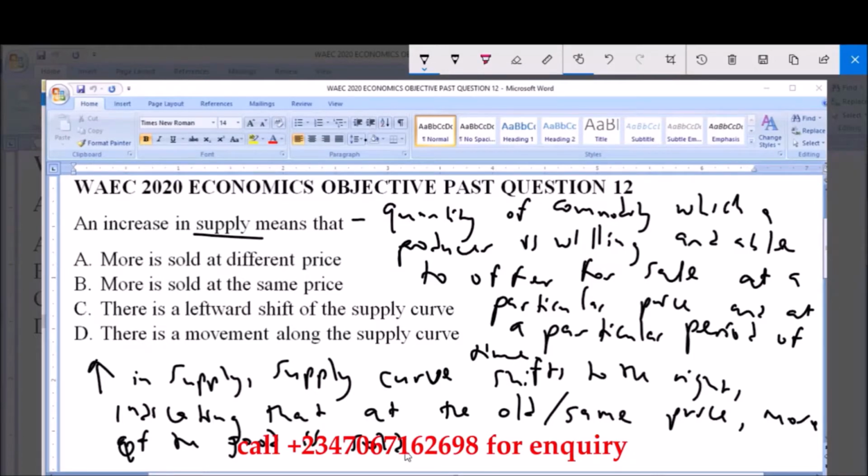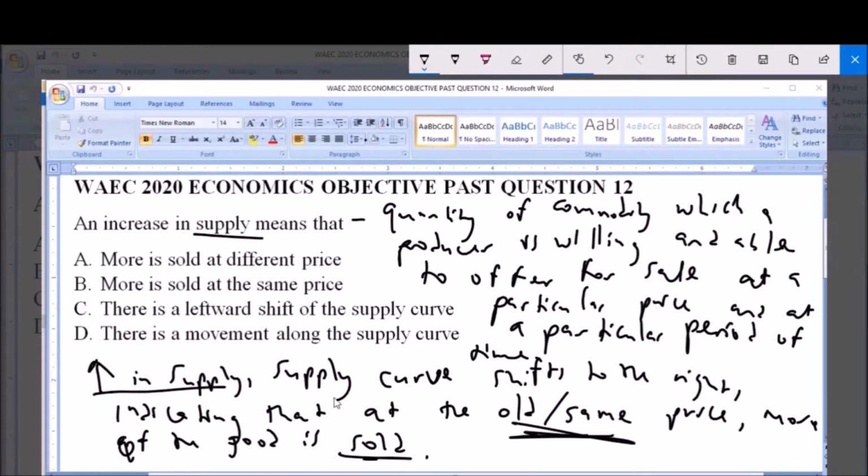So more is sold at the same or old price. That is what happens when there is an increase in supply, and it's also indicated by a shift to the right on the supply curve. So more is sold at the same price is option B. So option B is the correct answer to this question.